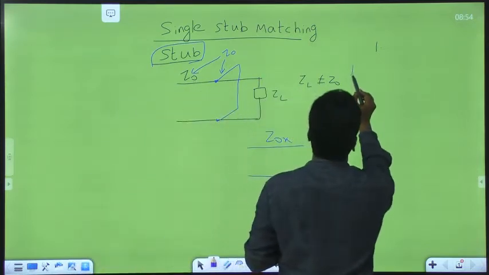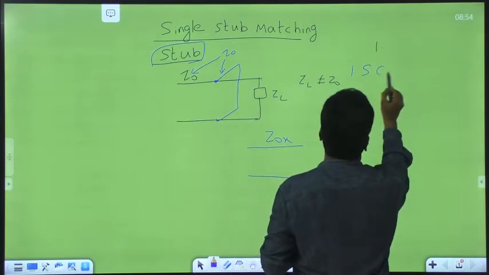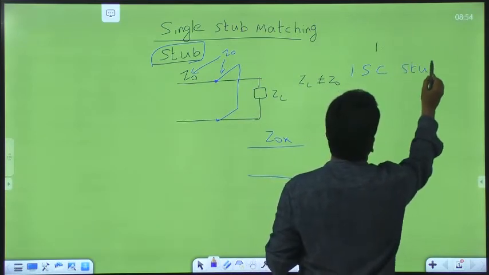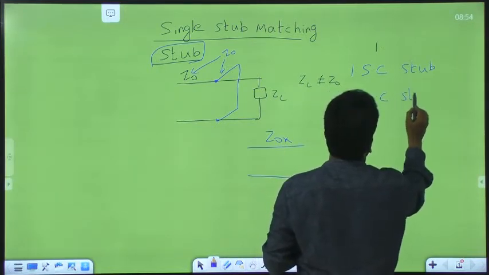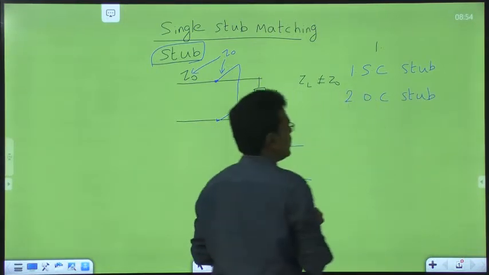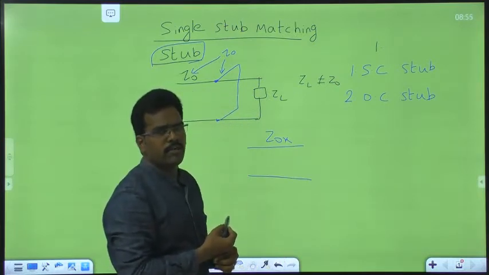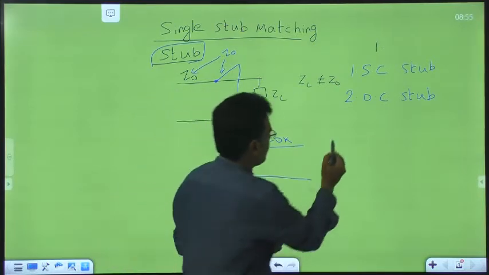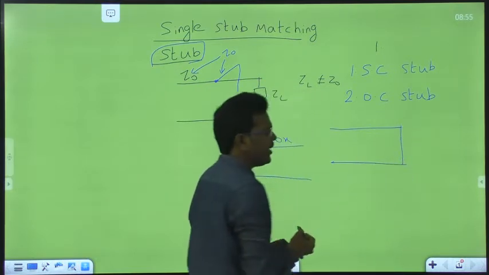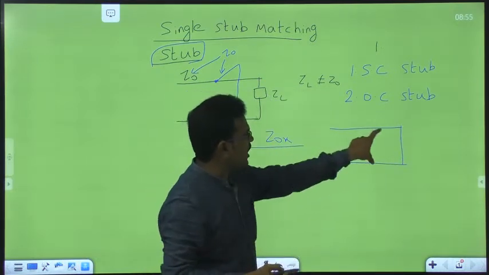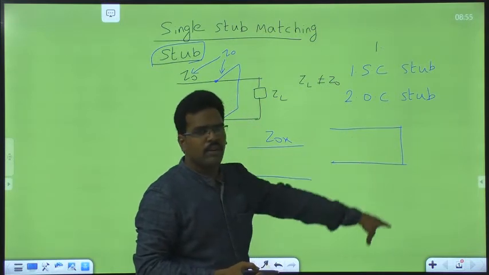Two types are there: a short circuited stub and an open circuited stub. So two configurations of stubs are available. This is an example of a short circuited stub. This is a transmission line that is terminated with a wire.